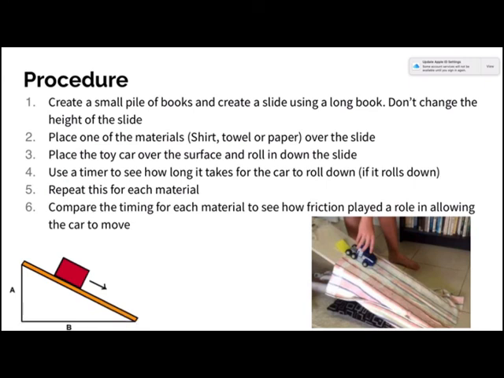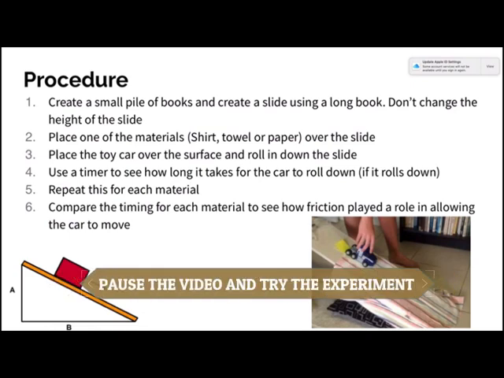Then place the toy car over the surface and set your timer on. Let it slide down. Using the timer, see how long it takes for the car to roll down, if it rolls down. Repeat this step for each of the different materials, which was the shirt or the towel or the paper. Compare the timing of each of the materials you've tested and see how friction played a role in allowing the car to move.